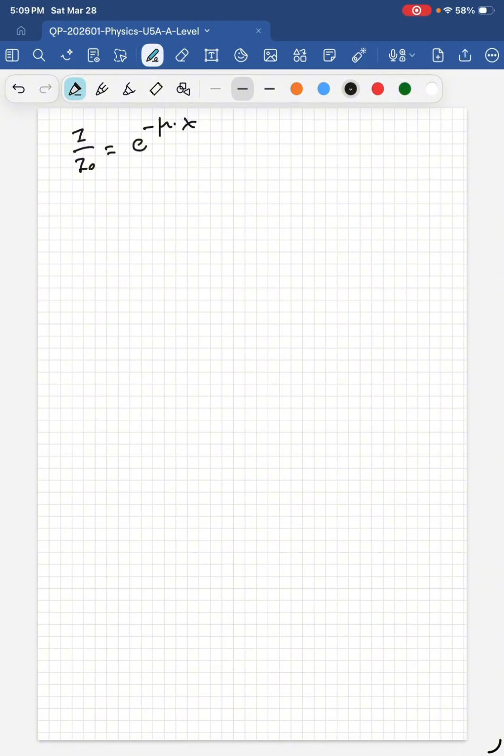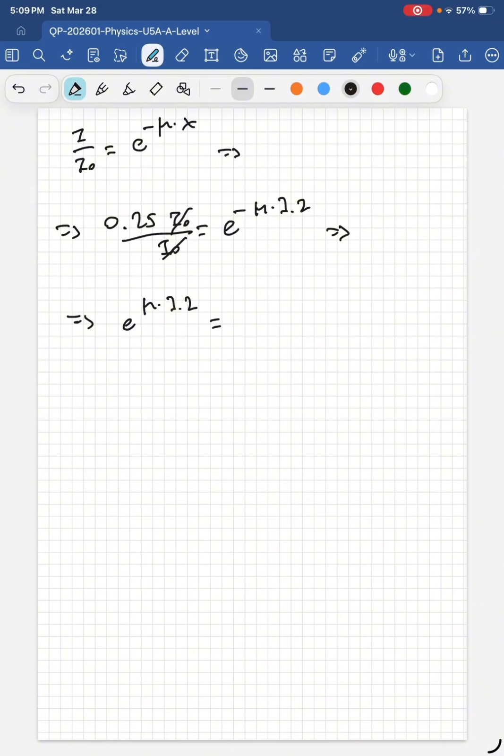Okay, so if 0.25 I naught is left, we have 0.25 I naught over I naught is equal to e to the minus mu times 3.2, right? So therefore we have that e to the mu times 3.2 is 1 over 0.25, which is 4.